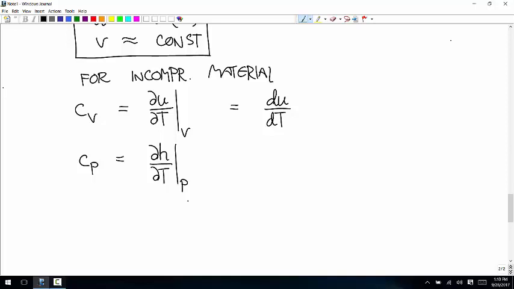So do it like this. That's the partial with respect to temperature of, think of the definition of enthalpy, so this is internal energy plus PV, for a fixed pressure.